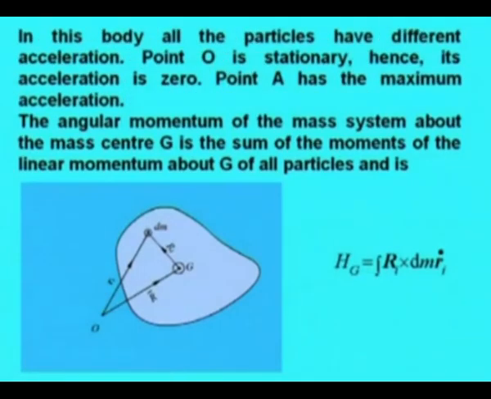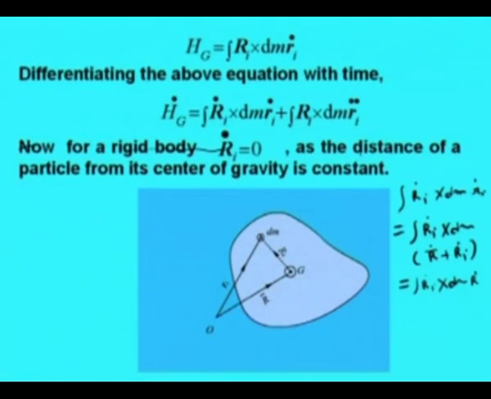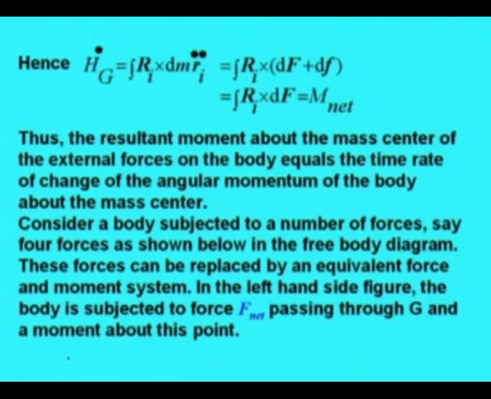So the first term becomes 0 and the second term remains, Ri cross dm into Ri double dot. Hence we have H dot g is equal to the integral of Ri cross dm Ri double dot, and that is equal to Ri cross (df external plus df internal), because df external is the external force acting and this is the internal force acting.